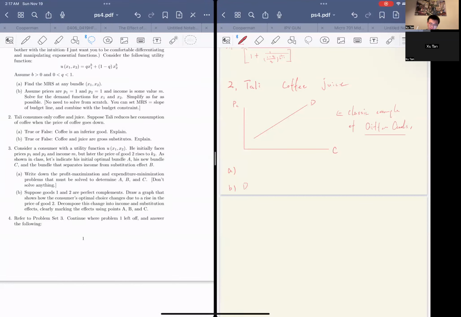But in this case, you consume more coffee, right? So they are not gross substitutes. Actually, in fact, they are gross complements. I'll let you figure that one out.